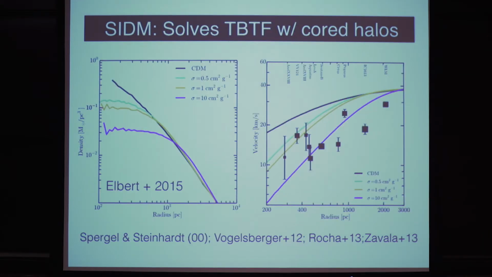Okay. So SIDM can solve the too big to fail problem. Basically you increase the cross-section, that makes you have a core that's pretty large, that lowers the central density, and takes your dark matter halos that otherwise are too dense in CDM, and they become less dense, and they match the data. Other questions about this?